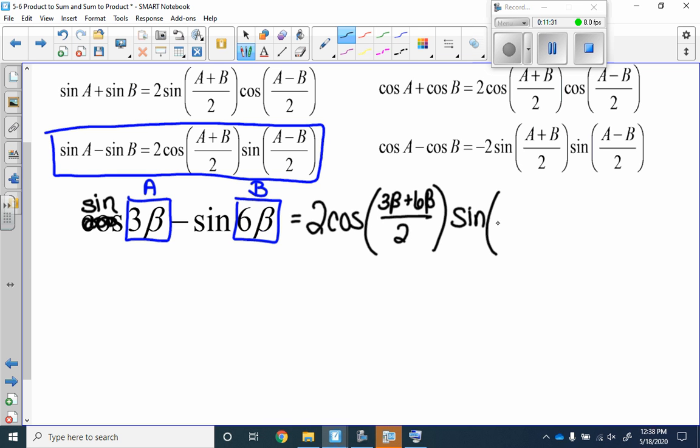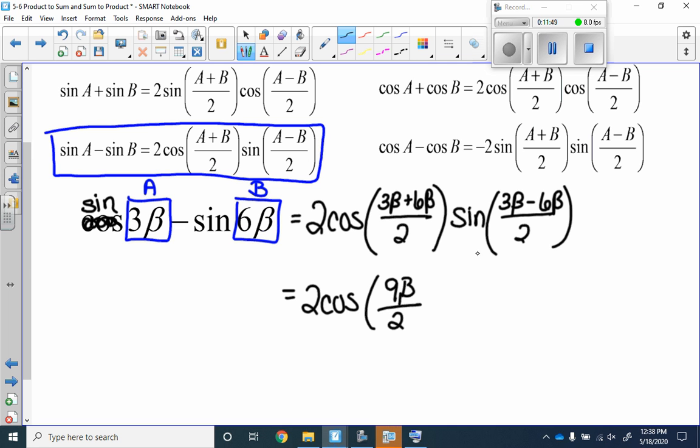Multiply that by the sine of 3 beta minus 6 beta divided by 2. So really not that bad. 3 beta plus 6 beta, that's going to give us 9 beta over 2. And then you have the sine of negative 3 beta over 2.